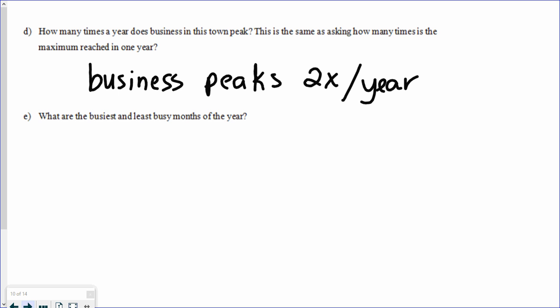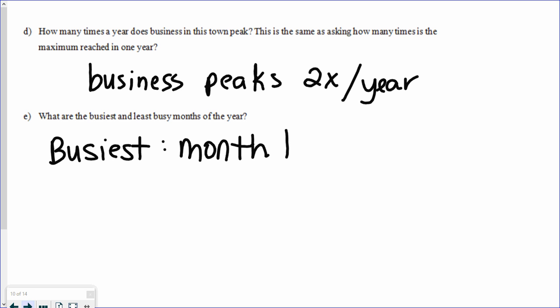And so what are the busiest and least busy months of the year? Looking at when there is that maximum, the busiest would be, if you trace where your maximums are, month 1 and month 7. So it looks like it gets busy in January and in July.